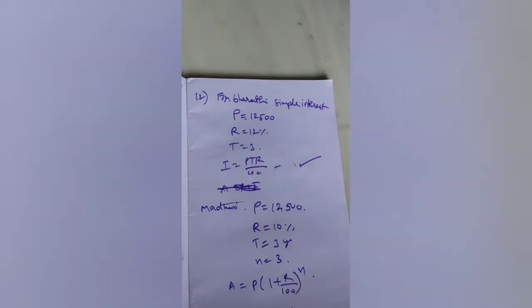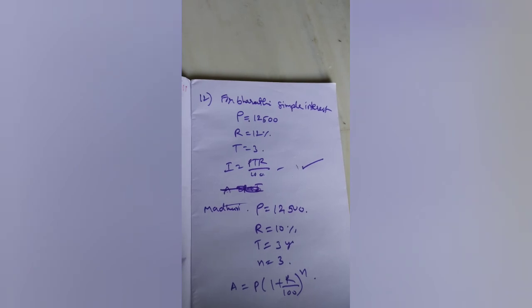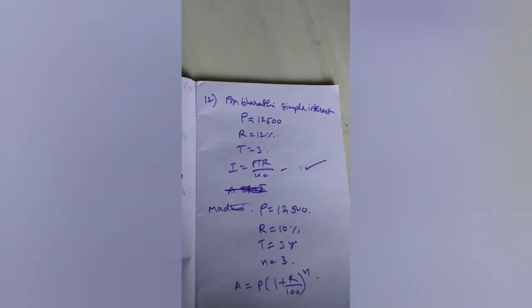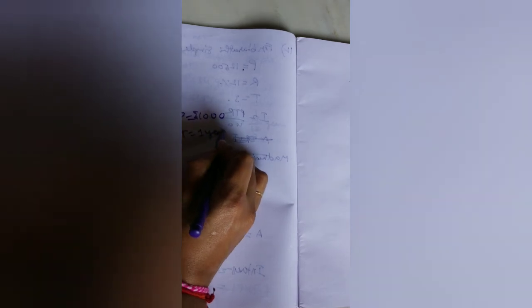13th and 14th, I already gave as homework and you did them already. 15th is also homework for you. Calculate compound interest on 1000 over a period of 1 year at 10% per annum if interest is compounded quarterly. I will give you a hint. P is given, 1000. The time period is 1 year.